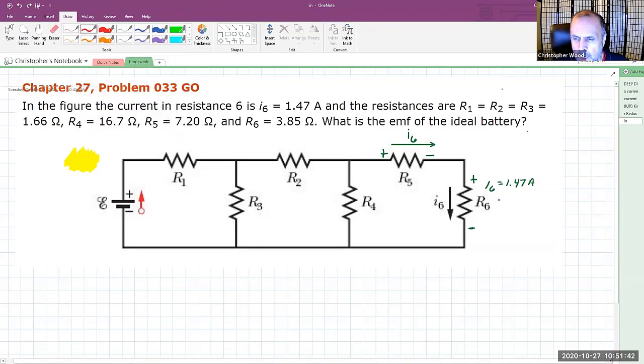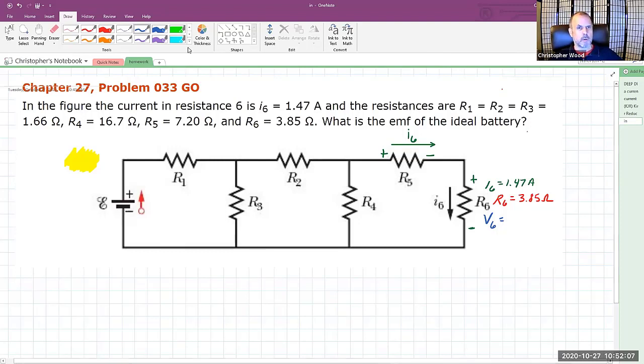I6 is 1.47. R6 is given to us as 3.85 ohms. Another color for V6, the voltage across that resistor, which is going to be, I don't know.